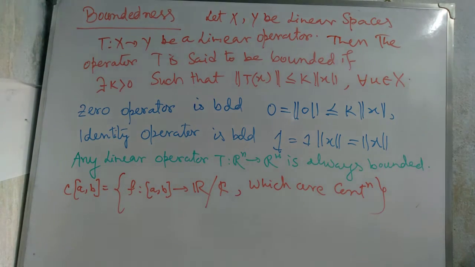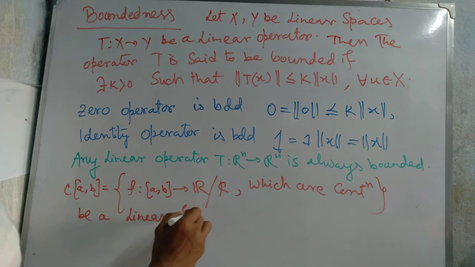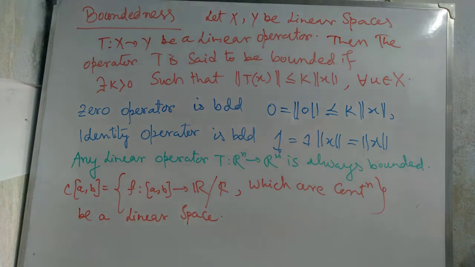Then this one is obviously a space. Again we write whether this is a linear space or not. C[a,b] is a linear space. Now we also go to the derivative.